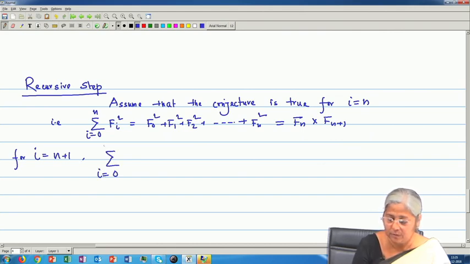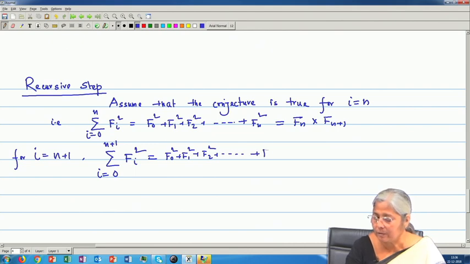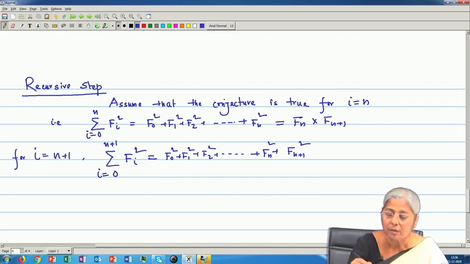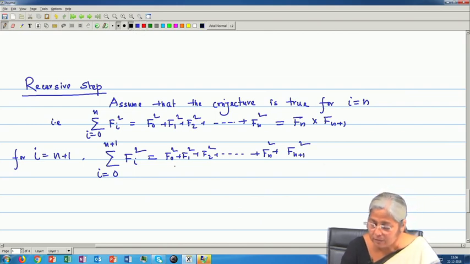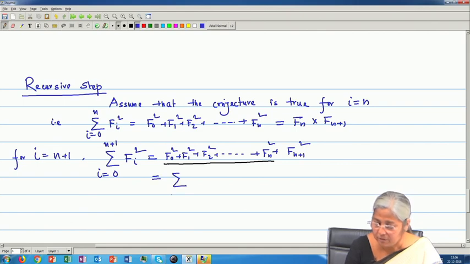If we can show, then the sum from 0 to n plus 1 of f i square is f0 square plus f1 square plus f2 square plus up to f n square plus f n plus 1 whole square. Now, f0 square to f n square I can replace by the summation i equal to 0 to n of f i square, plus f n plus 1 square.